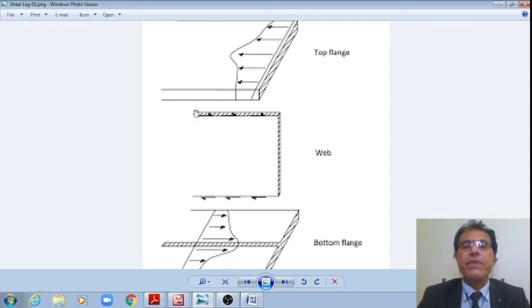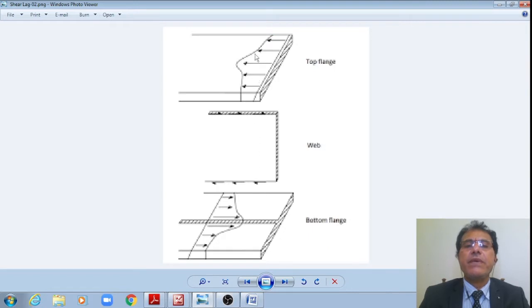there is horizontal shear in addition to the vertical shear. Actually, this is a vertical shear, but there is an equal and opposite complementary shear. Because of this, that shear will also be resisted by the intersection of the flange with the web.